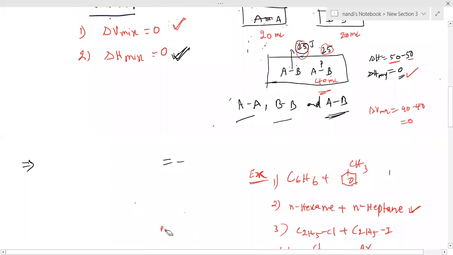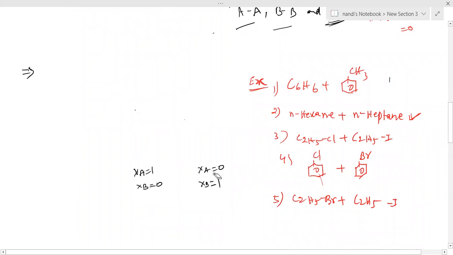Now write your NCERT examples, which they have given as ideal solution examples. Benzene plus toluene is an ideal solution. N-hexane plus N-heptane. In place of A you can take benzene, and in place of B you can take toluene, like that. All these A plus B mixtures are ideal solutions.